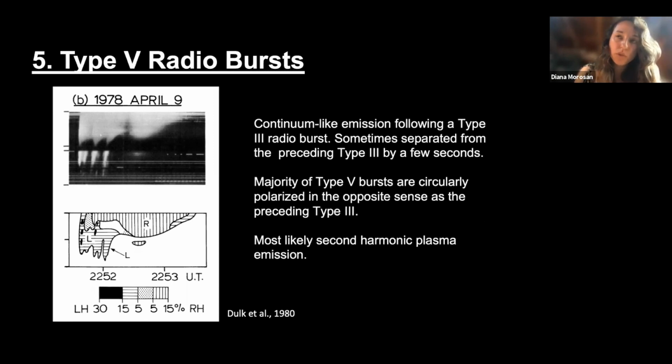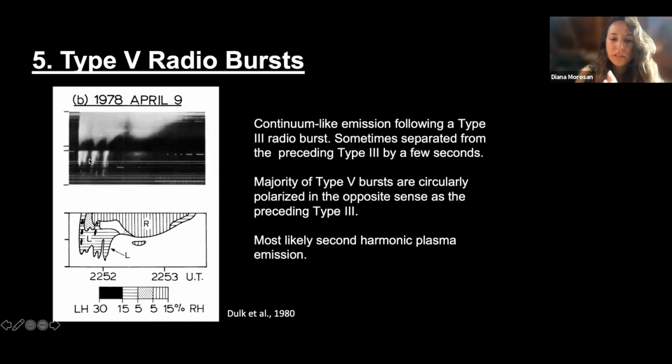But now with LOFAR, especially, we can see a lot of type 3 radio bursts happening at the time. And if we image them, we can see those type 3 bursts coming from different locations. So if they are even slightly polarized, because they propagate at different locations and come from different places, it is likely that they could easily propagate in a medium where their polarization would be opposite to other type 3 bursts.